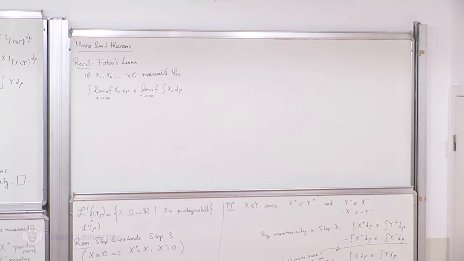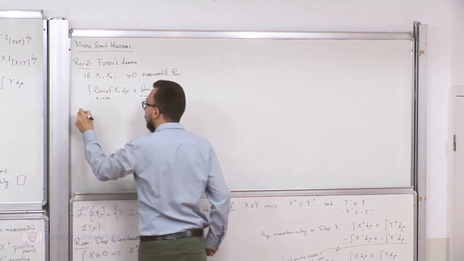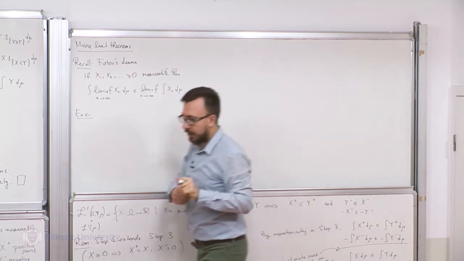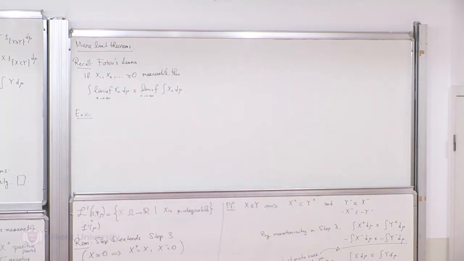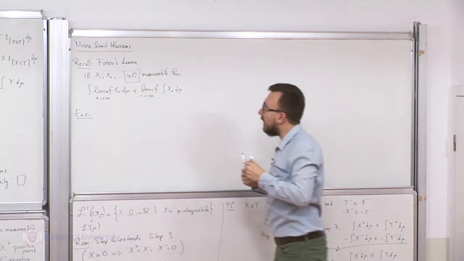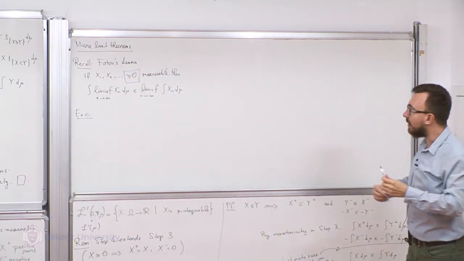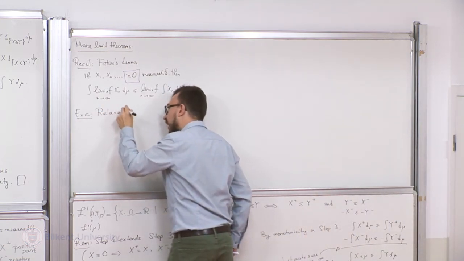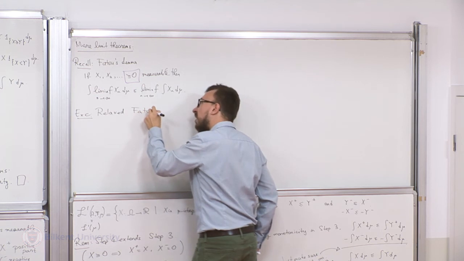And as an exercise, what you can do is to relax the part where you need positivity. So now we define the integral for not necessarily positive functions. So we can call it some kind of a relaxed Fatou.